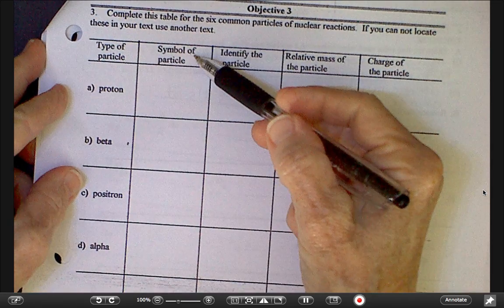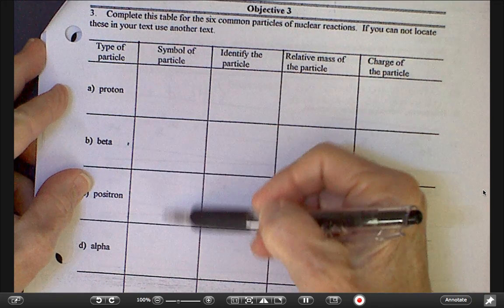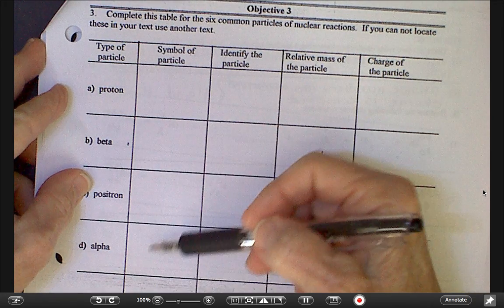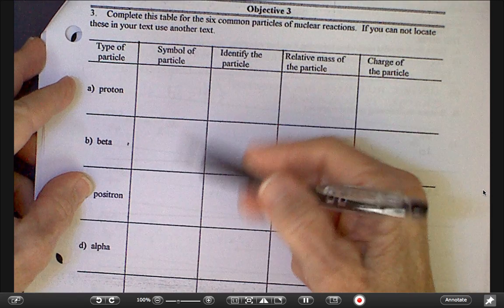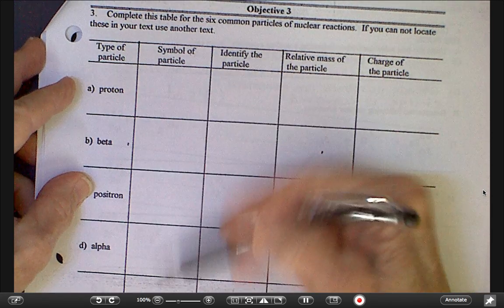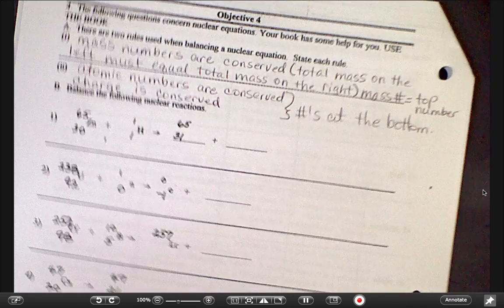You will be using this right here where it says symbol of particles, where it gives you the symbols and their masses and their charges and stuff, okay? So that's what you'll be using, this column right there.